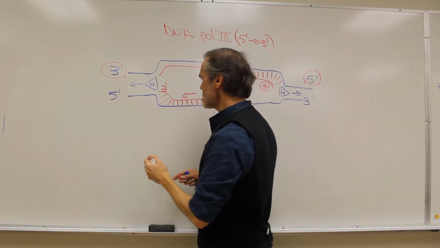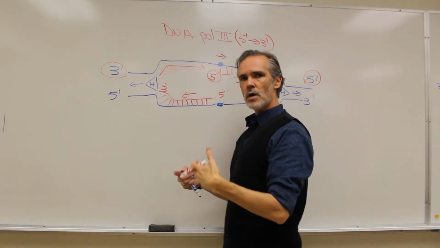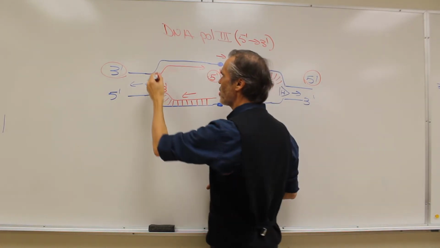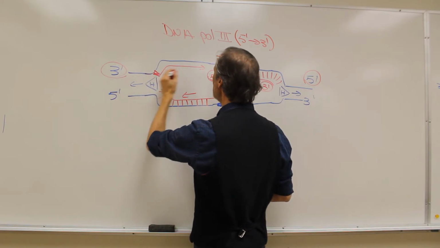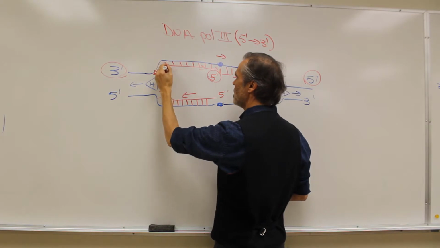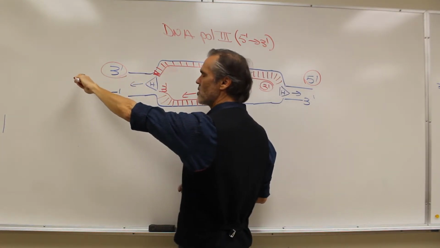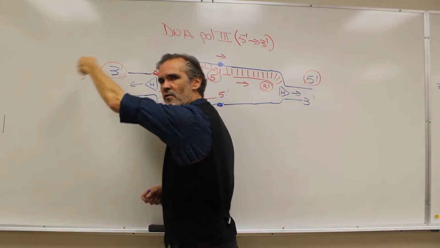So at some point, we will need to interrupt this synthesis. It will start right here and then move along until it meets this part right here, no problem there. But then the helicase at some point will be further down, so it needs to start again a bit further.